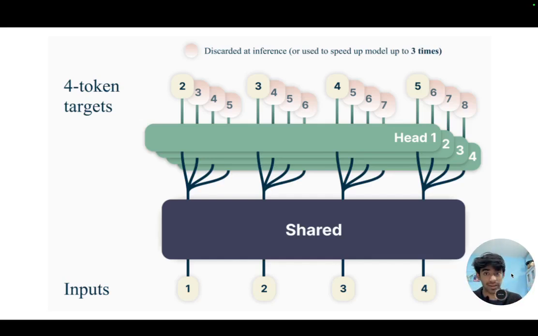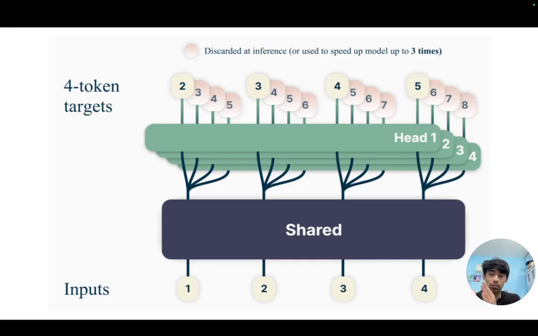During inference you discard this. You can use it, but usually in the paper itself they have said that they are discarding it. They are simply using next token prediction at that point because the training has already been done. Think of it like that: when you are understanding the whole flow as an LLM, you are getting only one token at a time, and let's say for every token now you are getting four tokens at a time. Now how is this going to help you? The LLM is able to get more context.